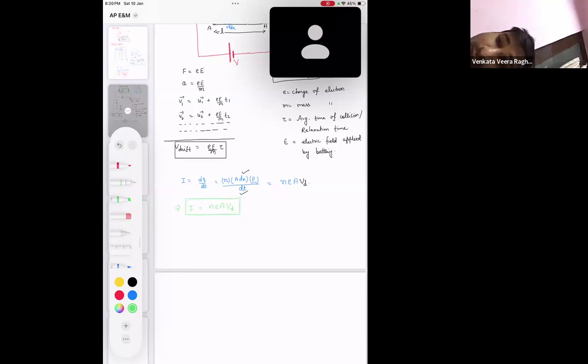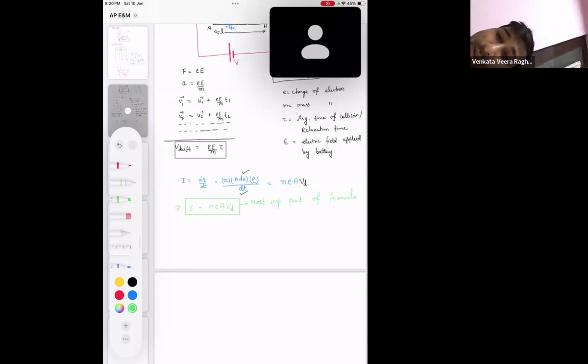This is the most important thing, because whatever I am going to derive further will come with the help of this equation only. You can say this is the most important part of your formula. Everything else will come from here.